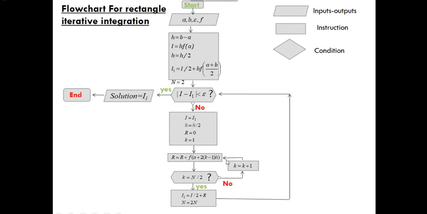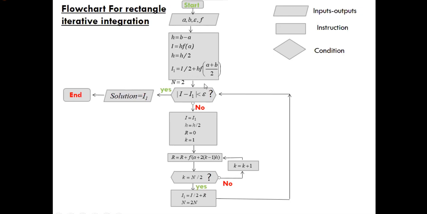So I make the for loop, and then I make I1 equals I over 2 plus r, and then I increase n, so n becomes 2n. Okay, and then I repeat the process till I minus I1 is inferior to epsilon.